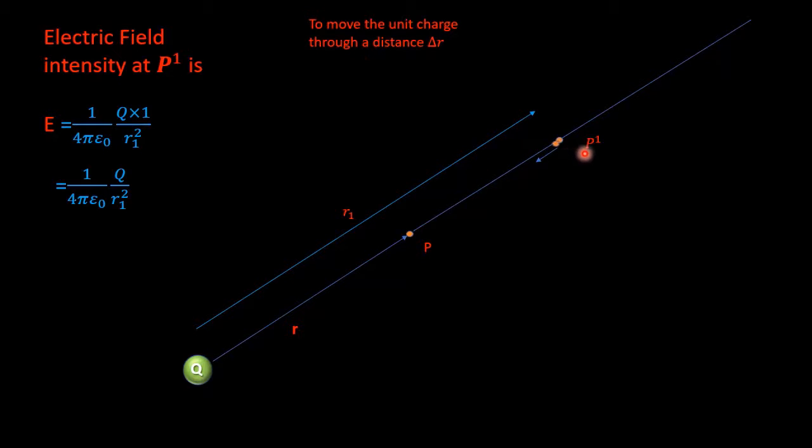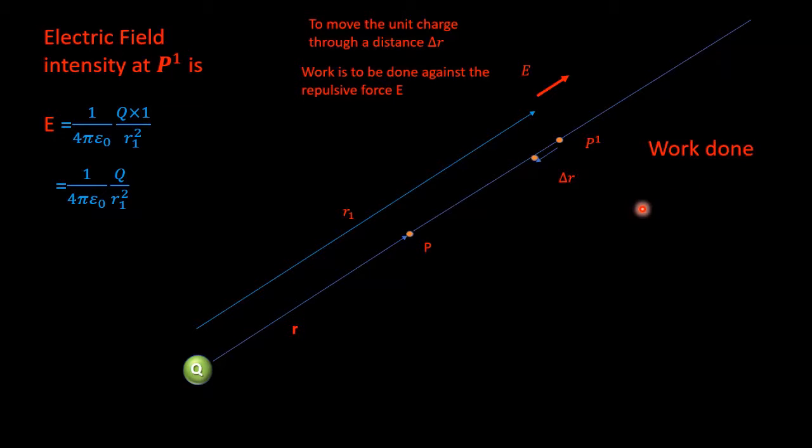To move the charge through a distance delta R, work is to be done against the electrostatic force E. Work done is equal to force dot displacement.